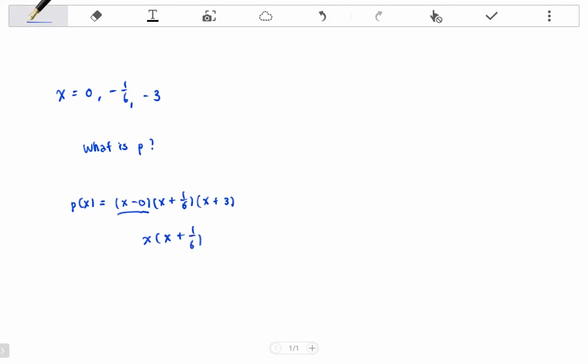So we write it like this. We don't really need the x minus 0 because it's kind of redundant, right? It's unnecessary. x is going to give you the same answer, 0. So this is the way you would write it, but this is also right. Yeah. Okay.